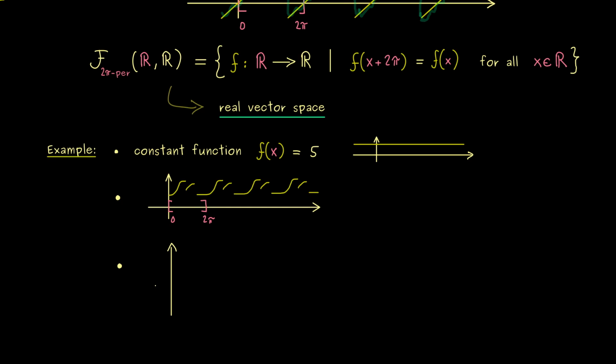Maybe simple is not the best word, but we definitely have functions we know very well. For example, we have the sine function, which is definitely 2 pi periodic. So in this case, our interval 0 to 2 pi lies here. Hence, this here is just a function that sends x to sine of x. However, another 2 pi periodic function would be x sent to sine of 2x.